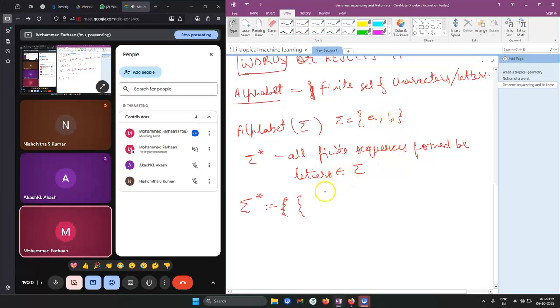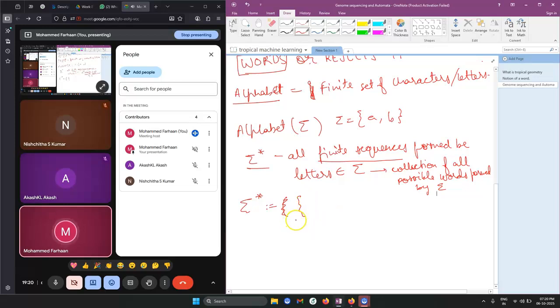In some sense, this sigma star is the collection of all finite sequences, or the collection of all possible words formed by sigma.